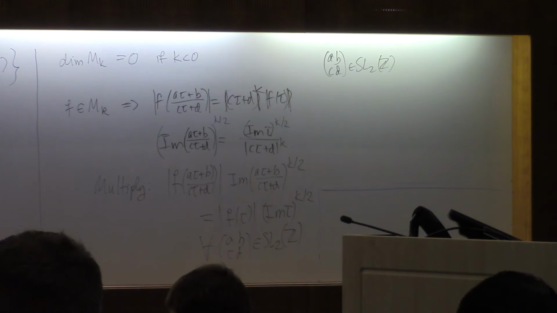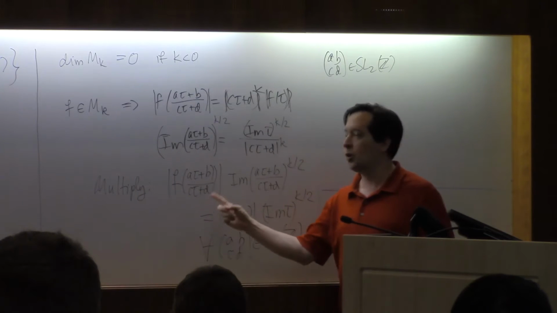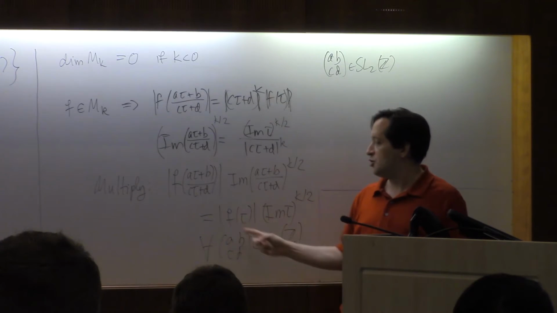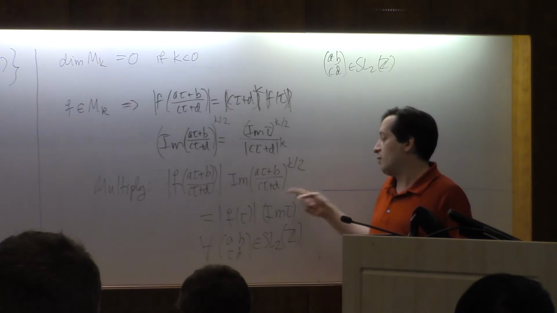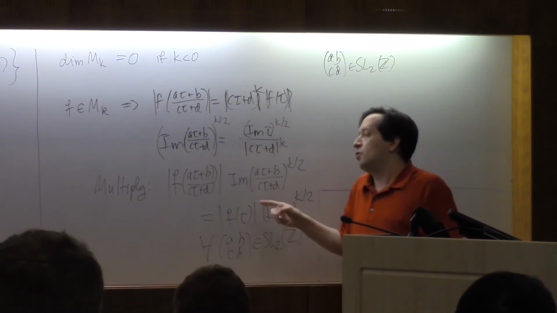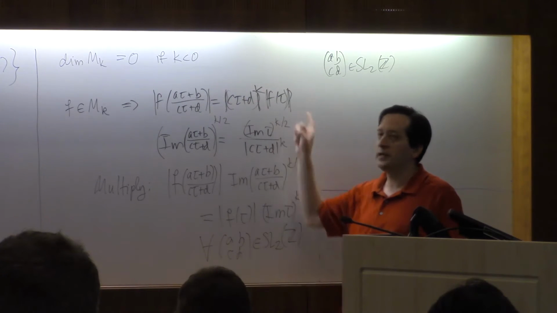I should say, by the way, it's almost true that you can go backwards. If you have a holomorphic function f, so that its absolute value times the imaginary part to this power is SL2Z invariant, it's essentially almost true that the function transforms like a weight k modular form.